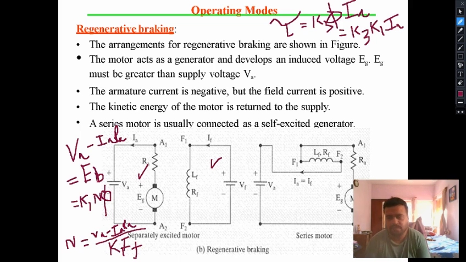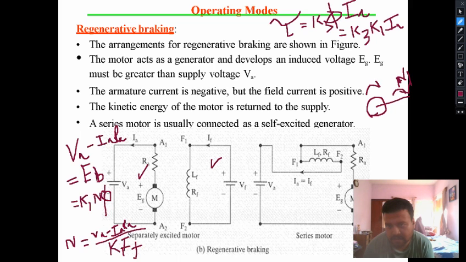So what happens? Suppose you have a rotor. It is a rotating part of the machine which is moving in the clockwise direction with a speed of n1. So what will be the direction of the torque?